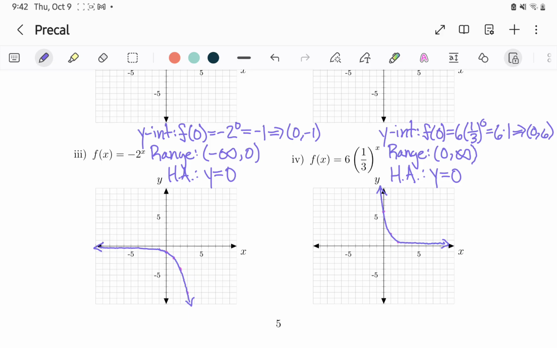And there is the sketch of our graph for the function in example 4.